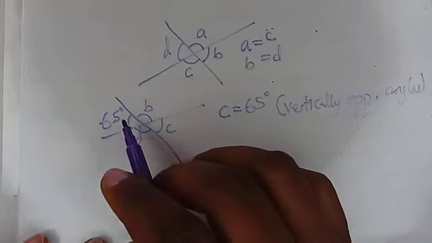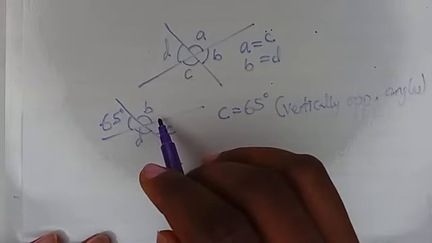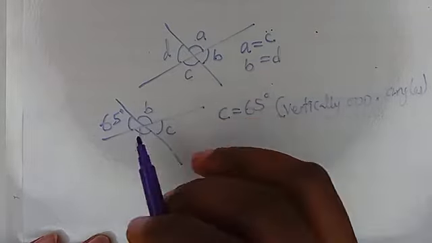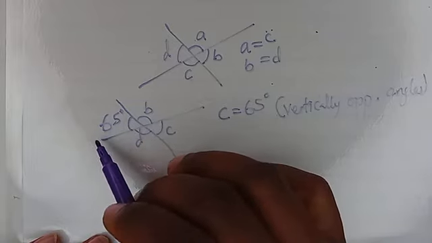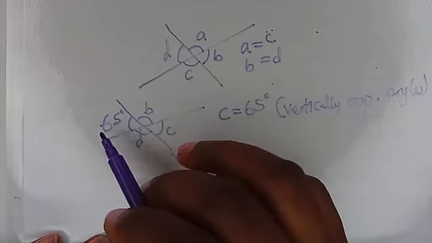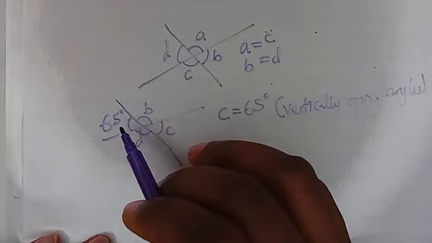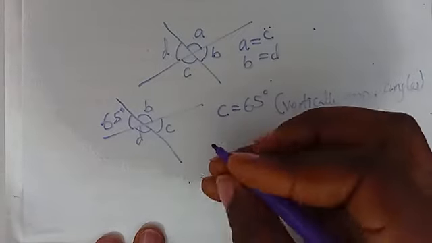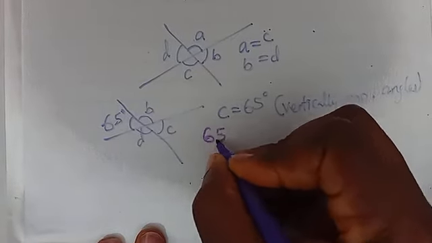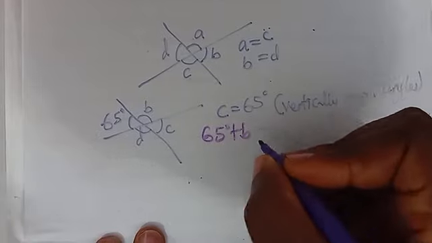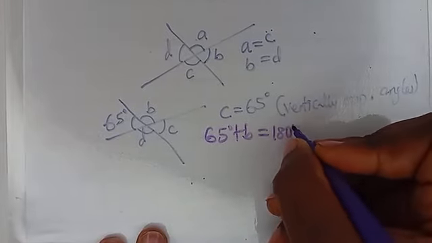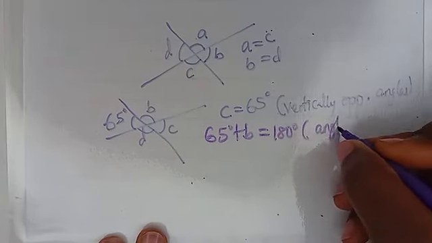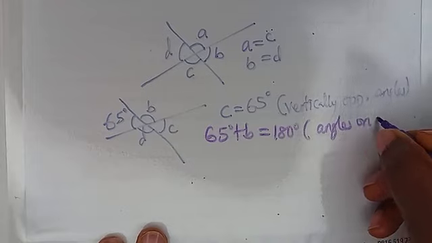Now let's look at this angle B. We see that angle B is sharing a straight line with 65 degrees. Did you see this straight line? So this is angles on a straight line. 65 and B are angles on a straight line. So we are going to say that 65 degrees plus angle B is equal to 180 degrees. And our reason is angles on a straight line.